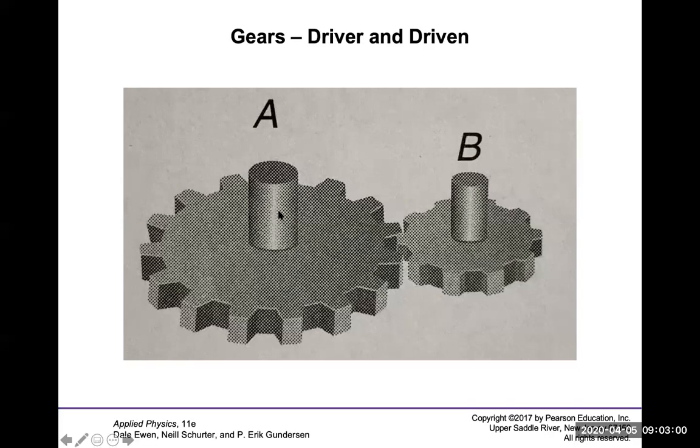And so A is going to drive B. And whatever direction A is turning, B is going to have to turn the opposite way. Because let's say the gear teeth of A, where A meets with B, are going up. A is rotating counterclockwise. It's going to force the gear teeth of B to go up, and B will be rotating clockwise. So it'll be rotating the opposite direction.